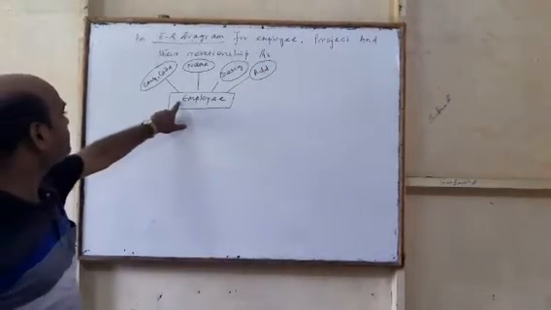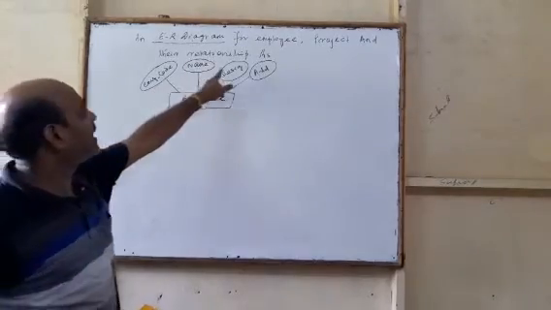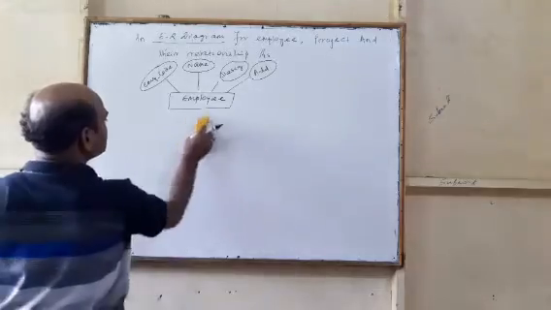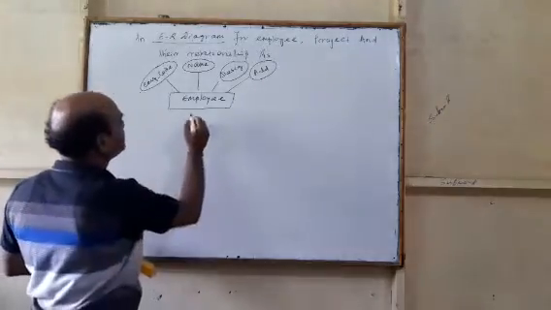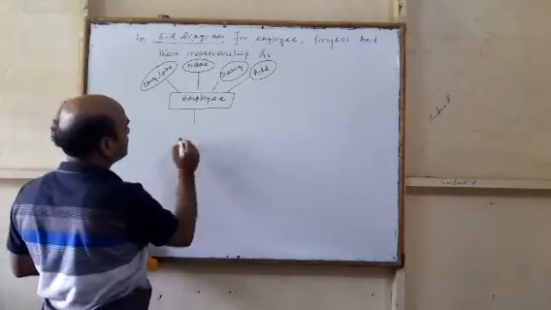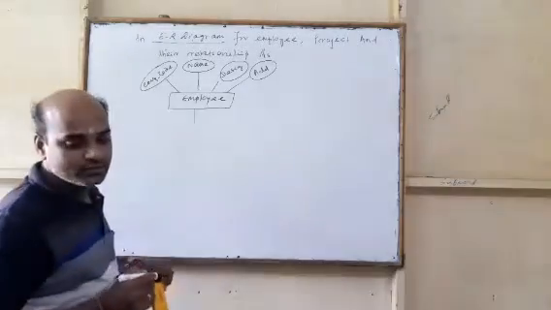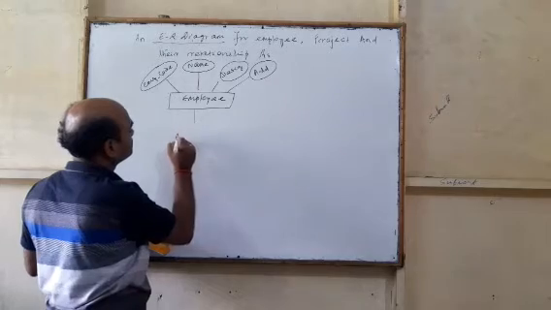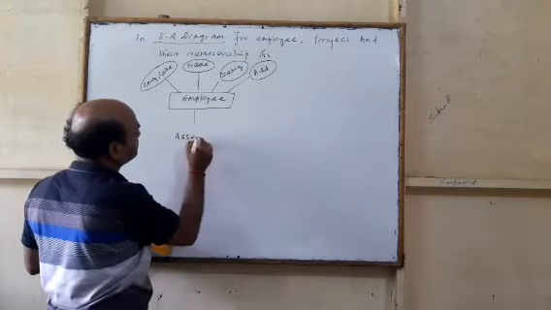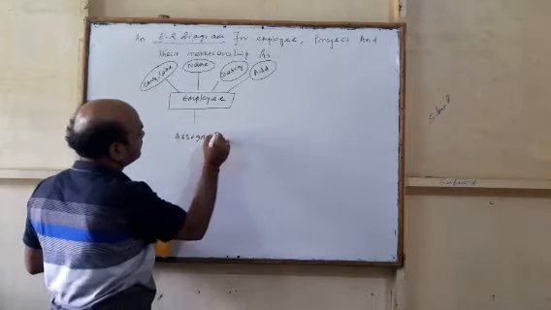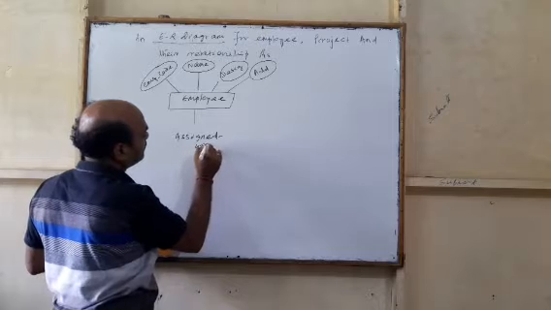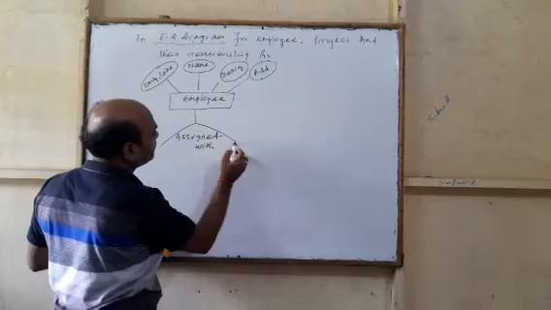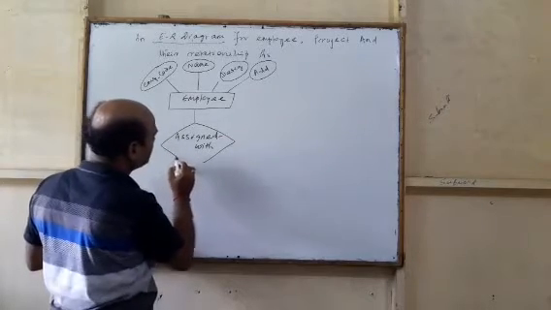So employee is the entity and these are the attributes as per our example. This entity is related with the relation assigned with, which will be in a diamond shape.